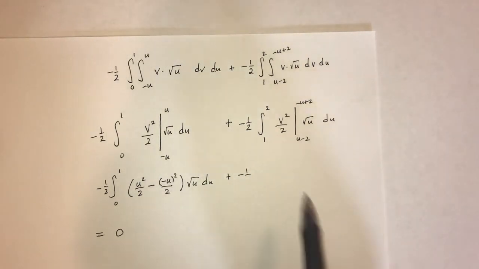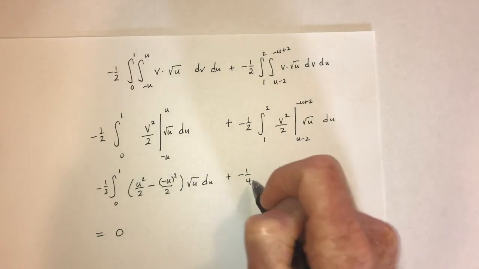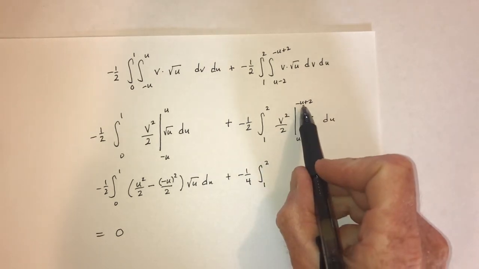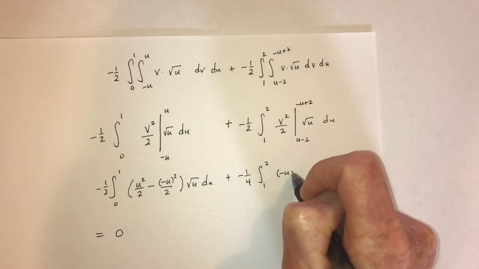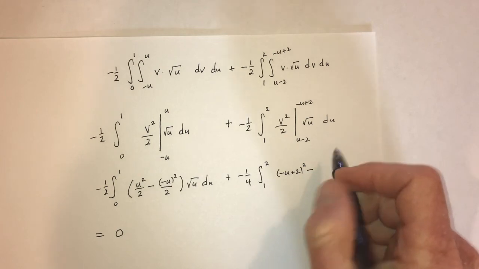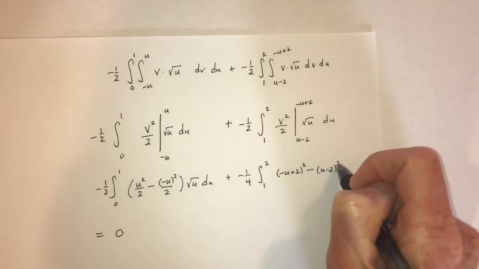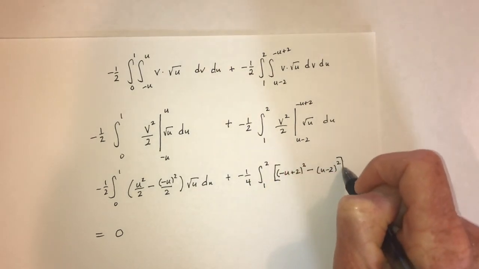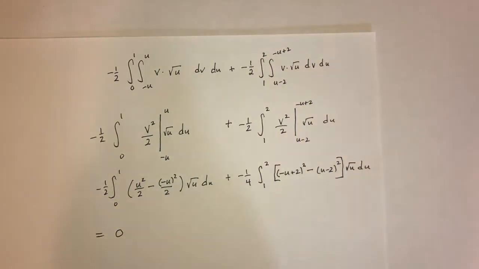Okay. Since this is a constant, I could just factor that out and make this 1/4. And then we need to substitute this in for the v, so that's going to be negative u plus 2 squared. And then minus, when you substitute this limit, u minus 2 squared. And then all of that is still times the square root of u du.